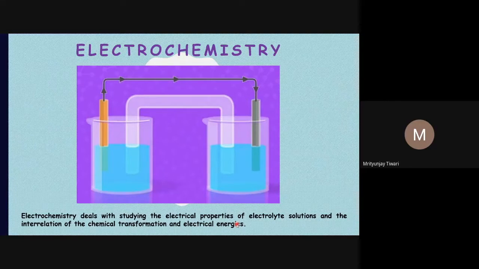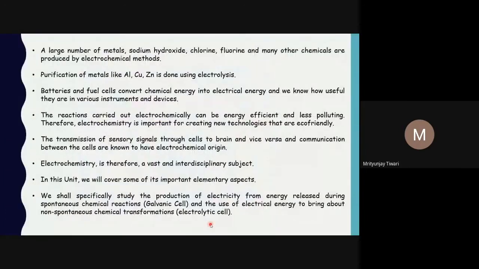Spontaneous means delta G negative, and redox means reduction and oxidation are happening there. And then we can also use electricity to make non-spontaneous reactions happen. That is the opposite interrelation of chemical transformation and electrical energy.